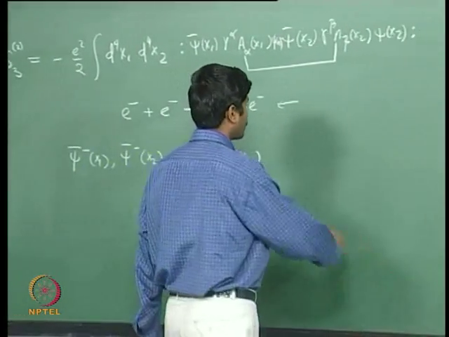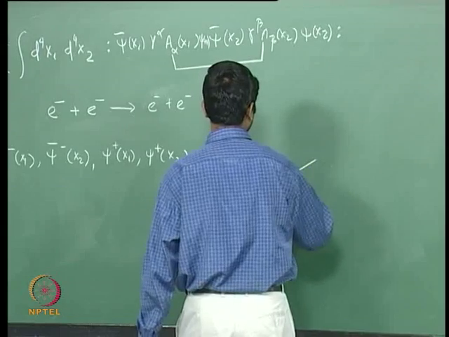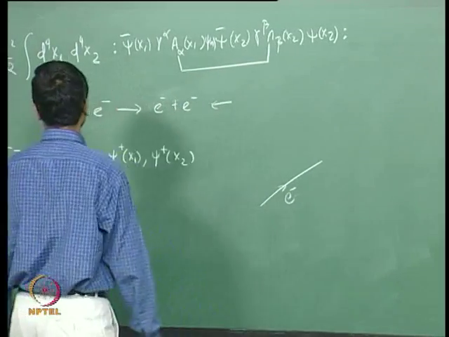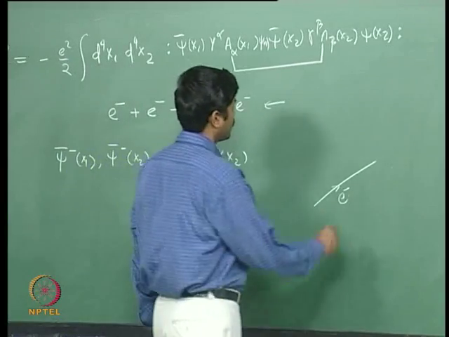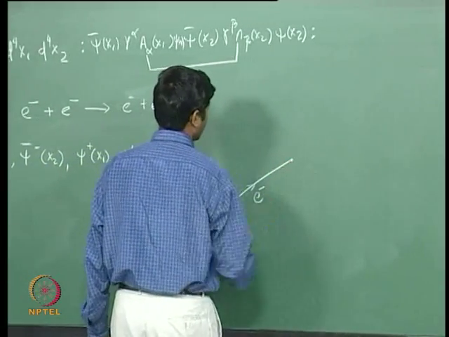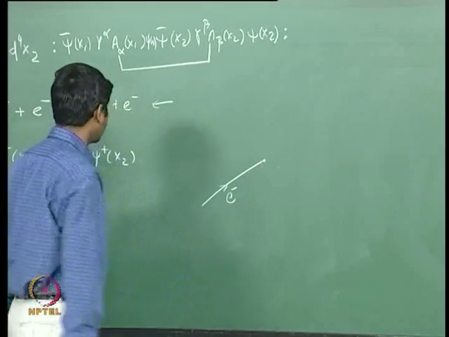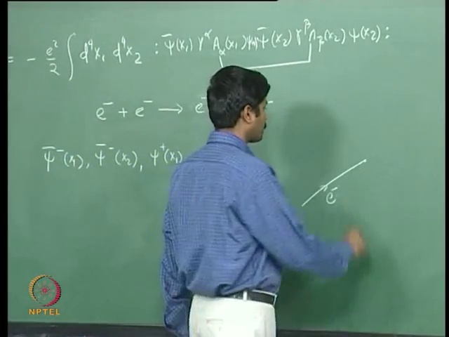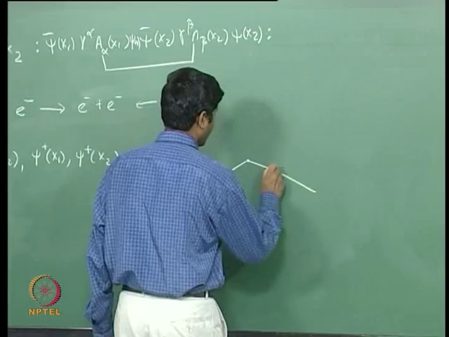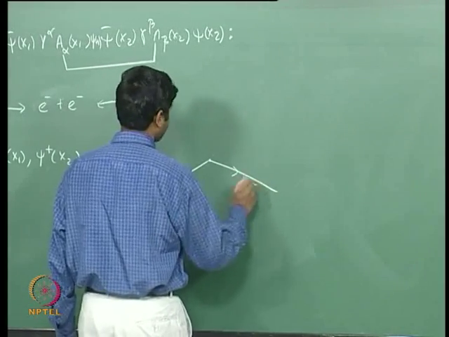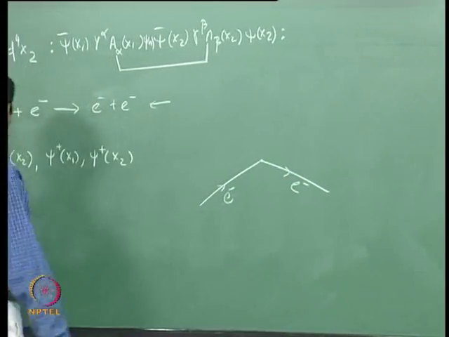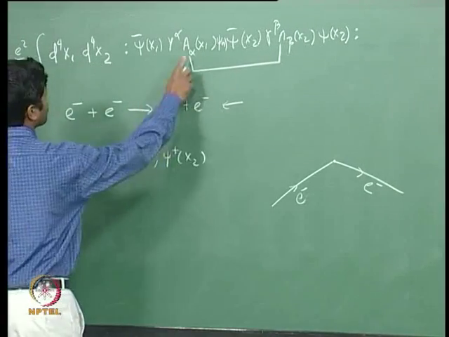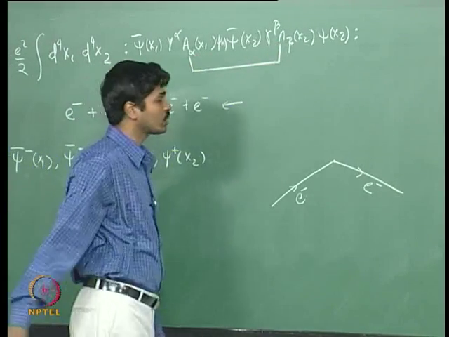So pictorially you have an incoming electron which is destroyed here because of the presence of psi plus x1, and there is an outgoing electron which is created here because of psi bar minus x1. There is a photon propagator between x1 and x2.